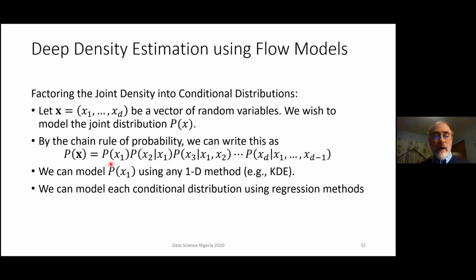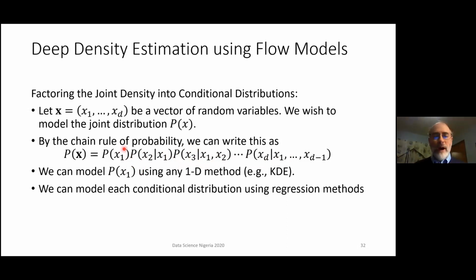These are sometimes called autoregressive because each of these models is a regression model that predicts, say, feature X3, given the values of X1 and X2. And if this were a time series, it would be called an autoregressive time series.